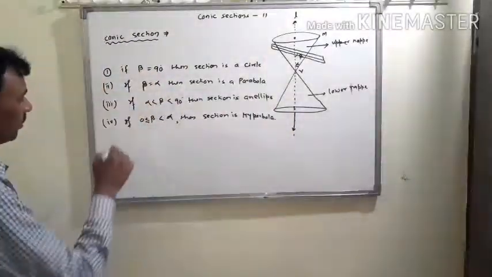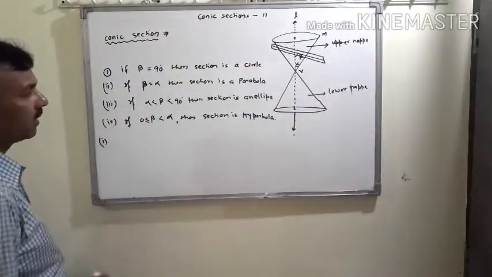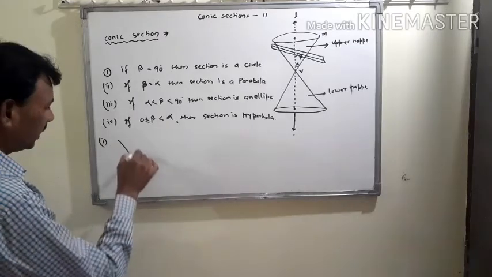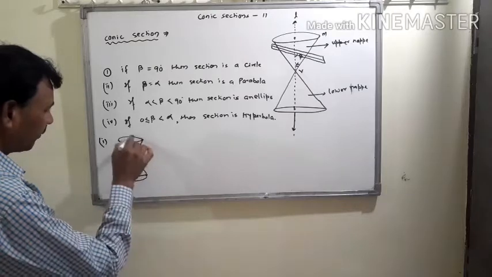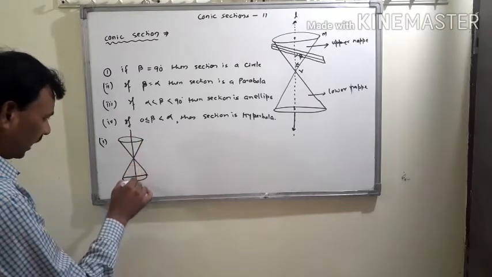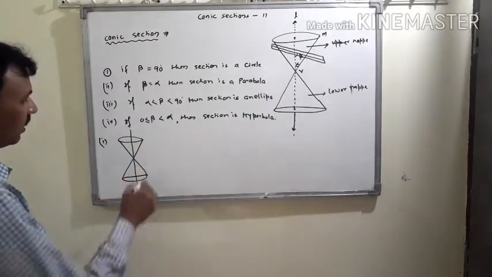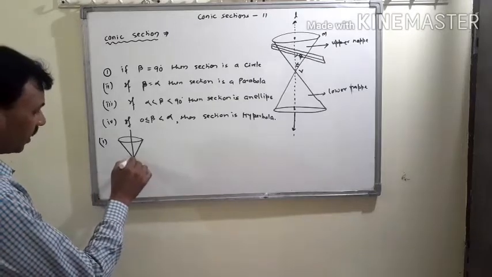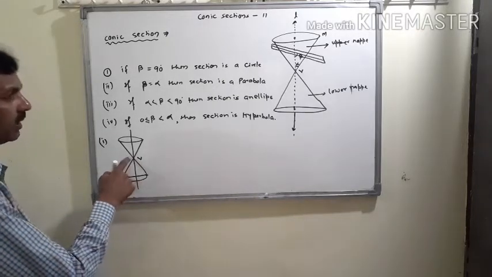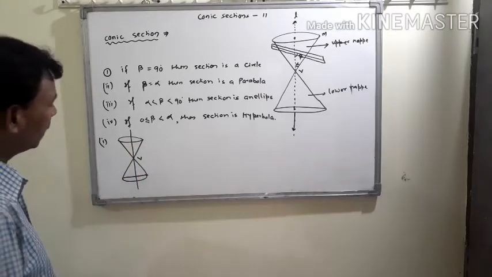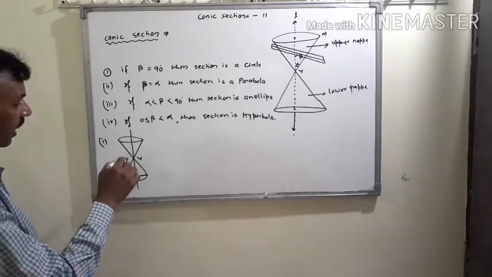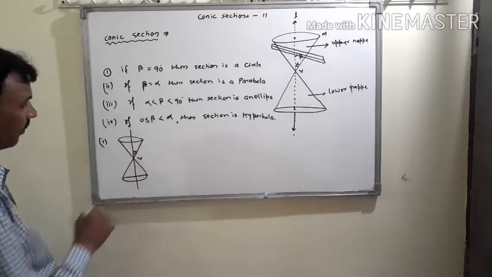That means first we make the diagram. If this is the double napped cone and this is the axis of this right circular cone, this point V is known as the vertex of this right circular cone, and this angle is alpha.